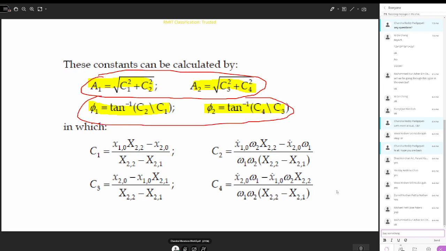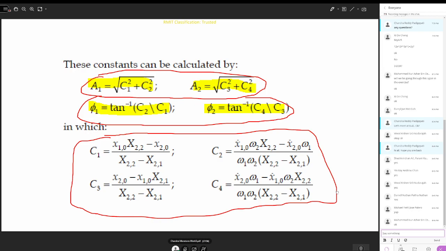Here C1, C2, C3, C4 are all given, based on the initial values and the modal shape values. Let us say you know all the values here: x10, the initial condition, x22 the modal shape, x20 the initial condition.